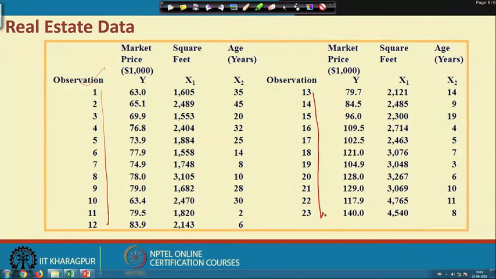So technically we have n equal to 23, that is the sample size, and k equal to the number of variables. In the case of the bivariate setup, k was 2. Now in the case of trivariate or multiple regression modeling with two independent variables, k becomes 3.